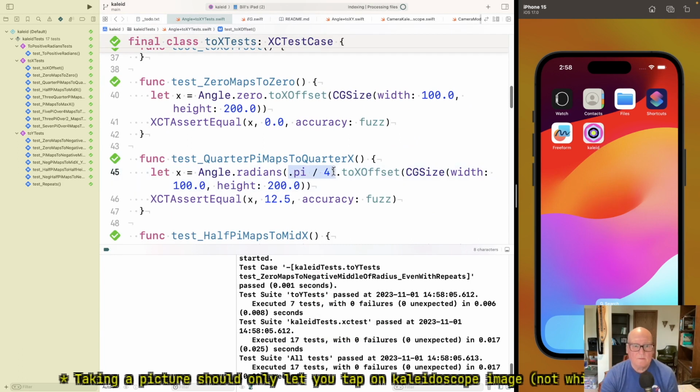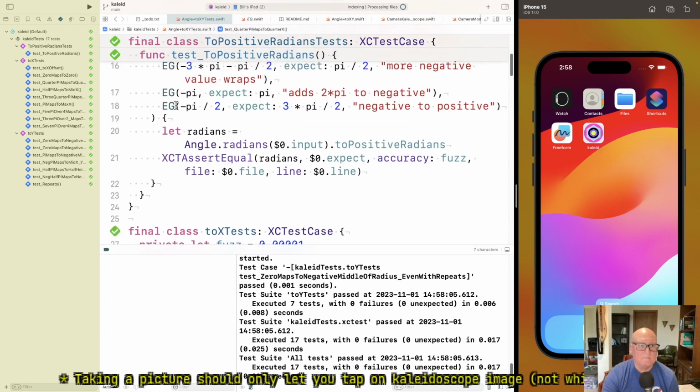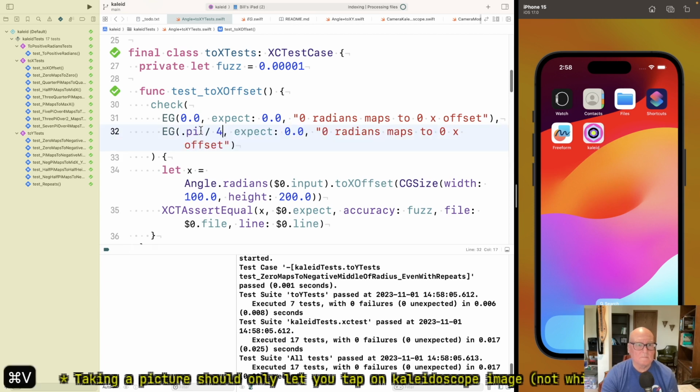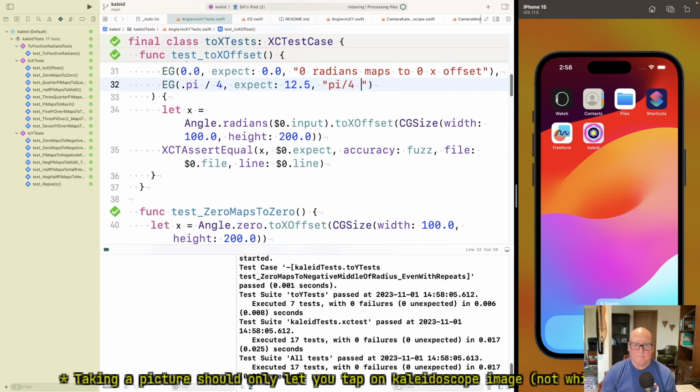Okay, so pi over 4 maps to 12.5. Quarter x.